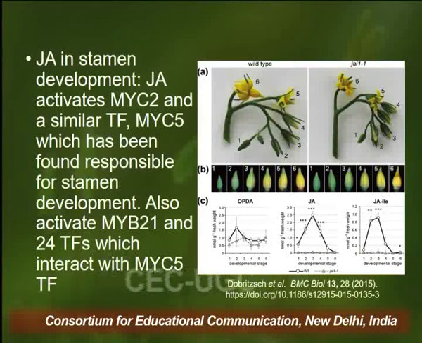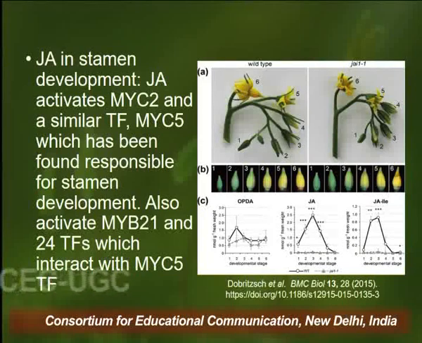Now this MYC5 along with MYC2 also activates another type of transcription factor, MYB21 and 24. When all these transcription factors are activated, they form a MYC-MYB protein complex, and this complex increases the expression of the genes that are responsible for the development of the stamens.